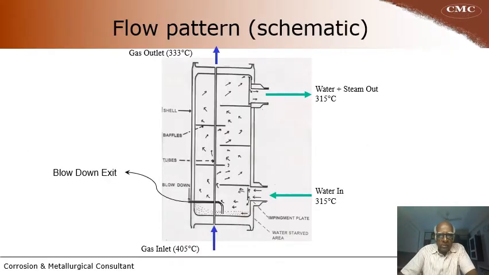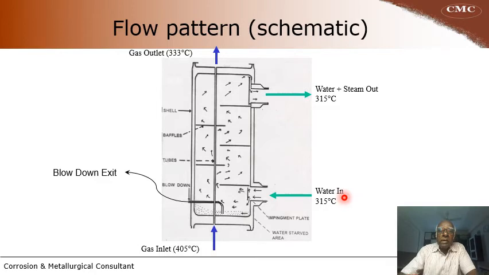This slide shows the flow pattern, of course schematic, of both gas flow and water flow. Gas enters at the bottom at 405 degrees centigrade and leaves at the top at 330 degrees centigrade.